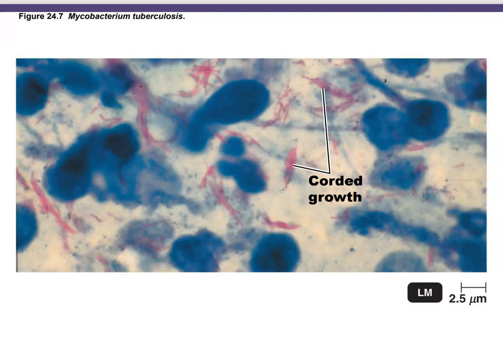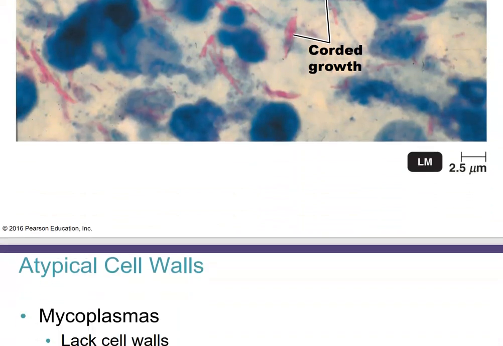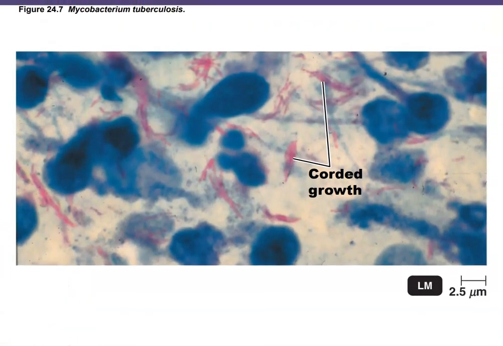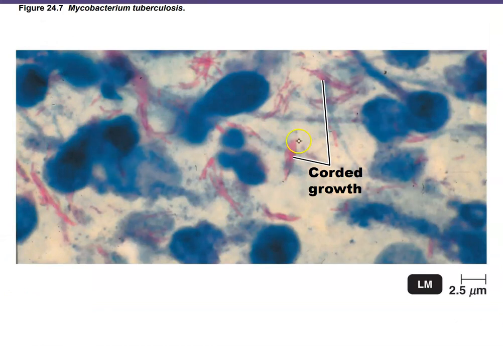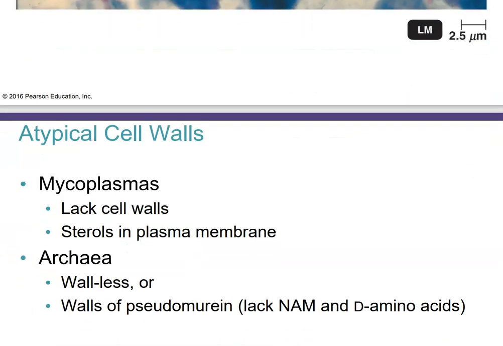But if you have mycolic acid in addition to the gram-positive cell wall components, then they will retain the dye, and those are really tough cell walls. So the Mycobacterium tuberculosis right here, with the acid-fast staining, the pink bacteria, that's what we're looking for. Stained with carbolfuchsin in this case.